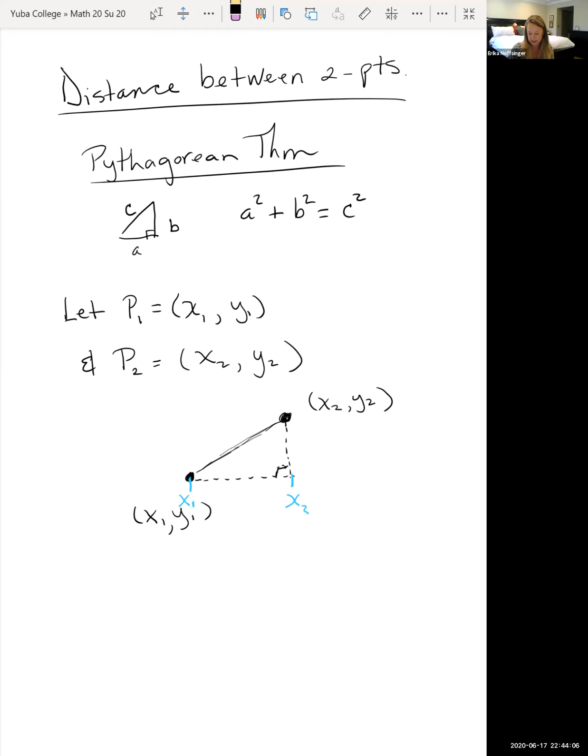And maybe X sub 2 is actually smaller, so we're going to put absolute values in here. We can look at the larger number minus the smaller number, or if it was the smaller number minus the larger number, then when we take the absolute value, it would be positive and we'd be okay. So this is this length in here.